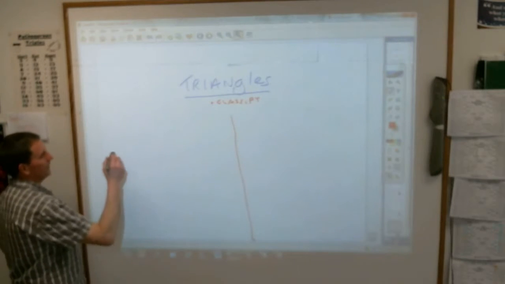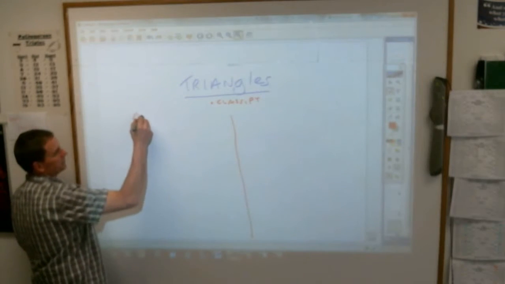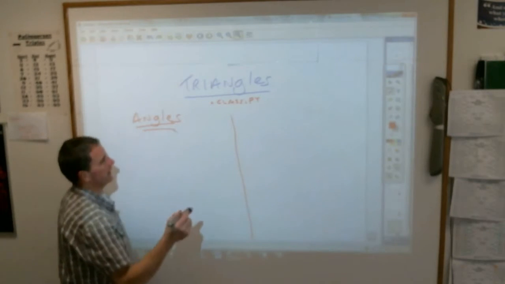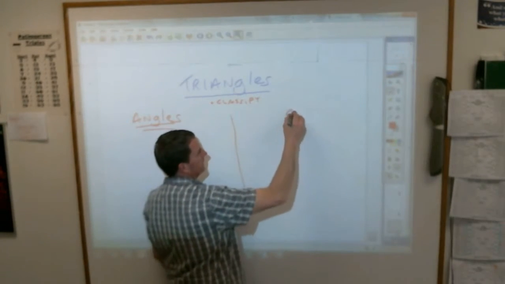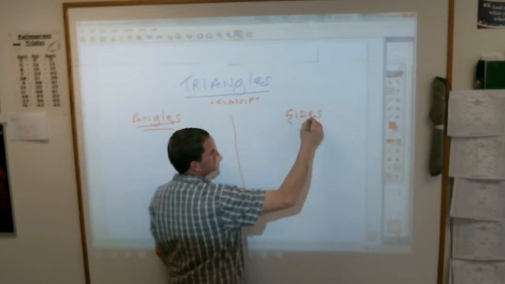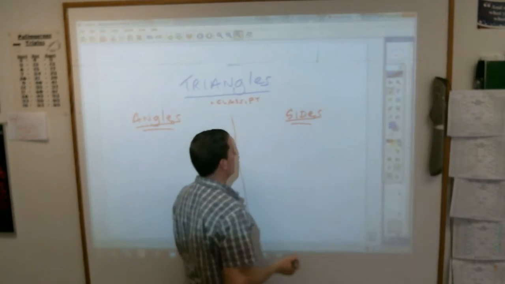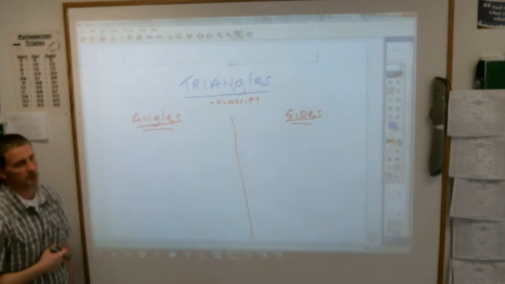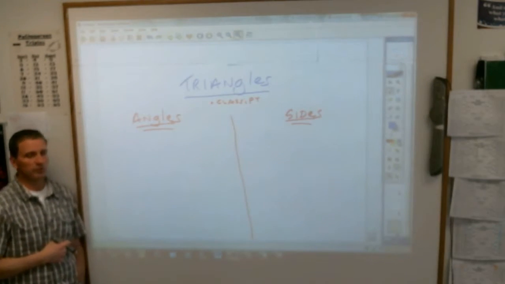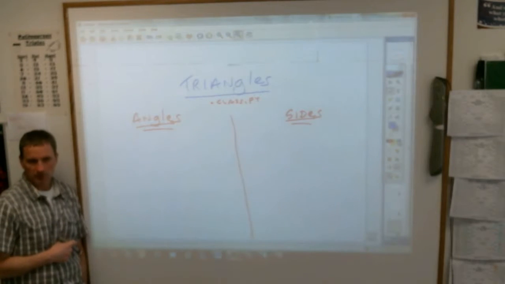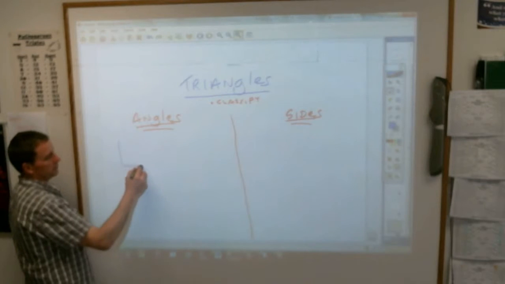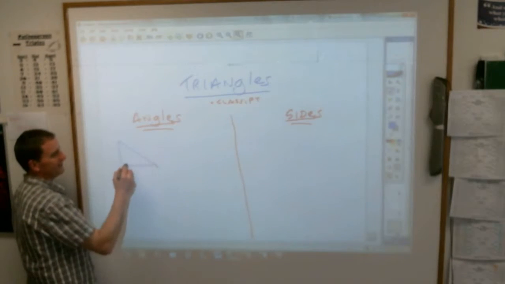We can either name them based on their angles, or we can classify them based on their sides. And if you remember, there are three different types of triangles that you can have when you look at their angles. One of them is a pretty simple one. That is if you have a triangle that has a right angle in it.